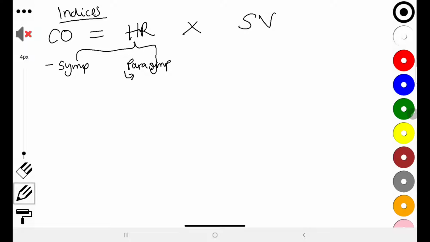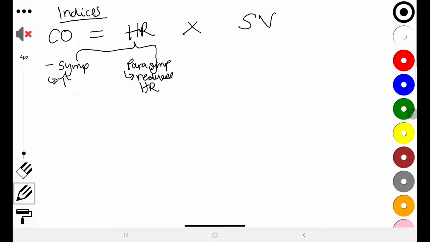Okay, so it reduces heart rate. But the sympathetic has been noted to increase heart rate. Now, we went through these mechanisms, I think, a while ago, and so please go back to how this happens.